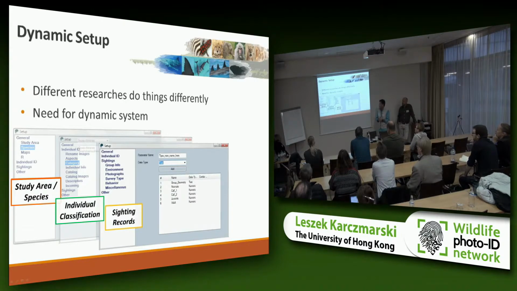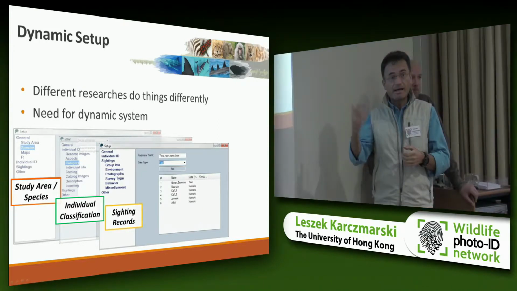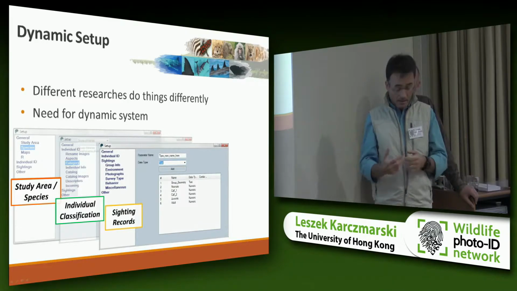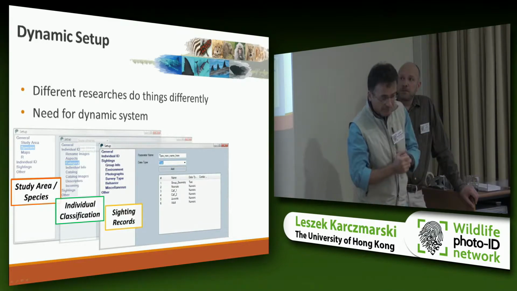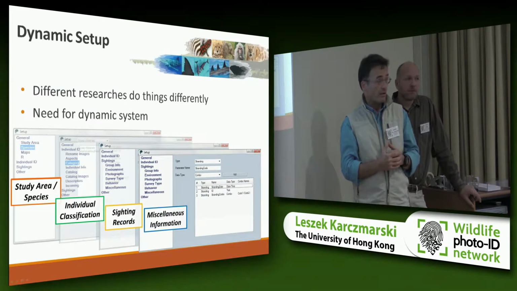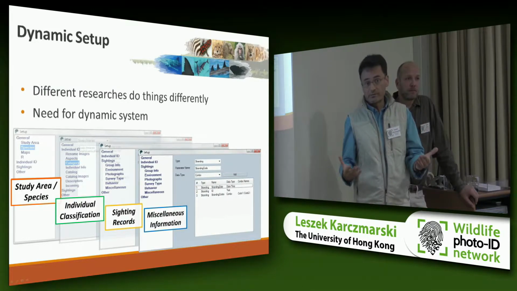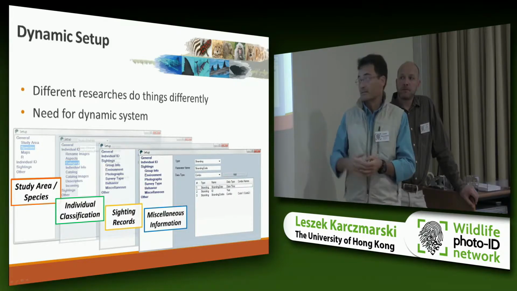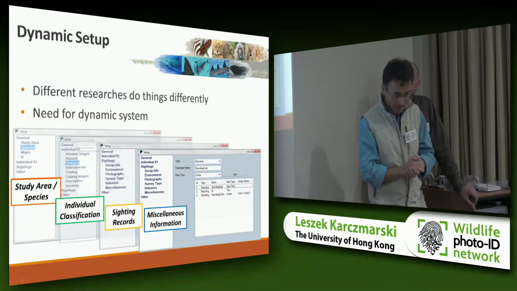Then there is all the associated sighting information: environmental, group structure, group composition, age classes, behavior, and all the miscellaneous information that you define what you want to include, or anything that will be observed during the survey that you cannot predict ahead of time, and you don't want to get lost.